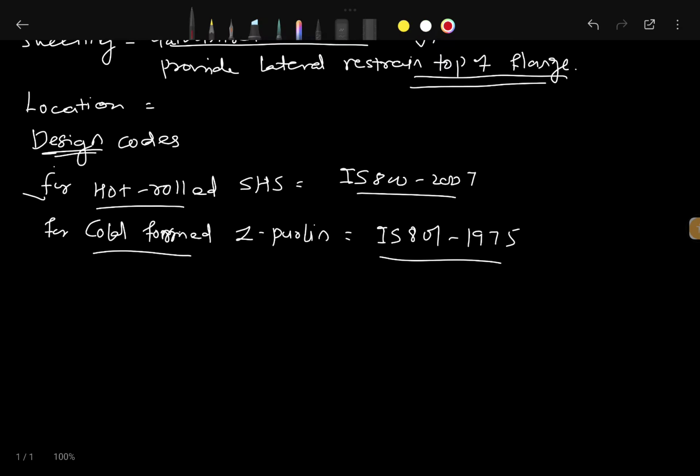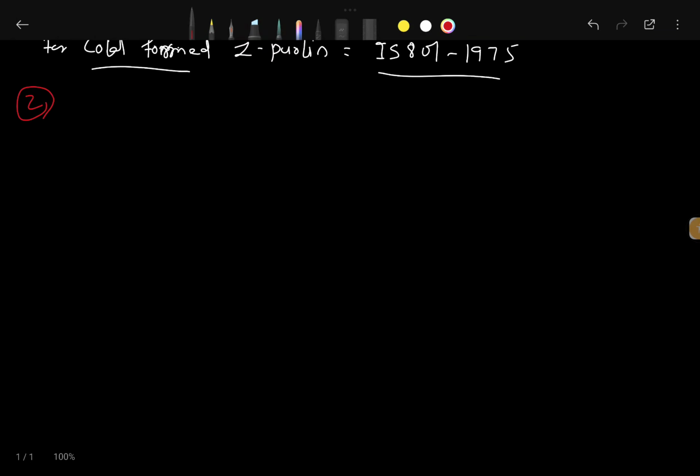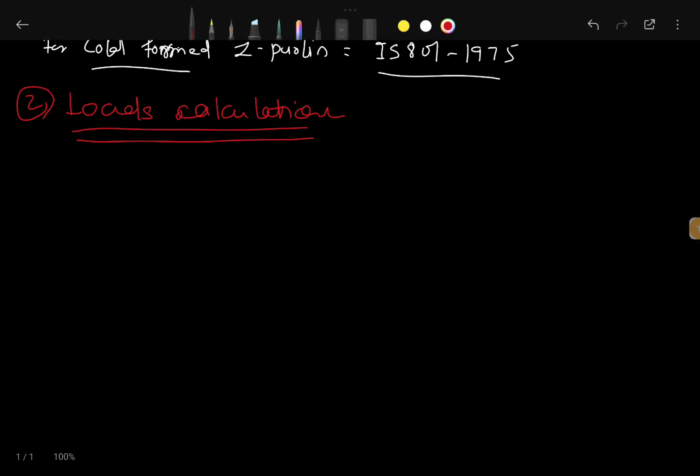Second point, we will discuss load calculation.